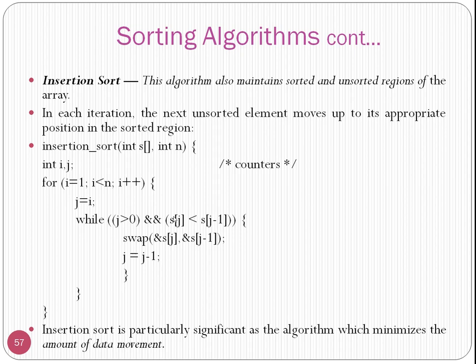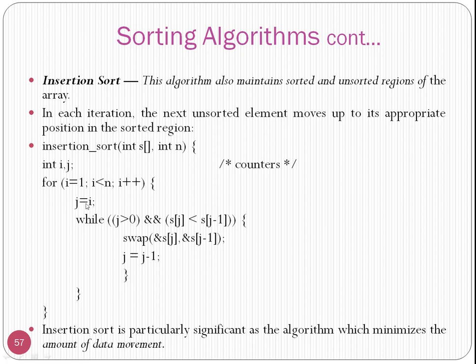So what iteration happens in insertion sort? We have a function insertion sort with the arguments int s[], int n, where i and j are taken as counters. The for loop is initialized with i equal to 1, i less than n, i plus plus.